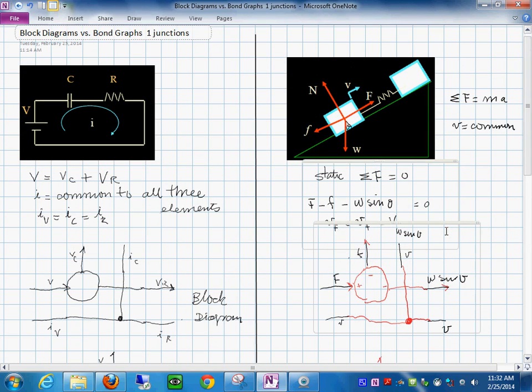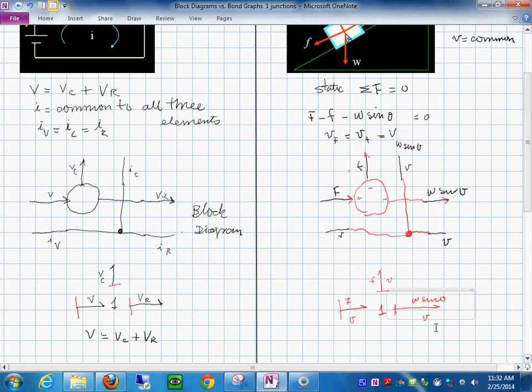Again, summarizing, this is a junction where all the flows are the same, but the efforts will have to sum. There can only be one bond that determines the flow. All the other ones will not. So in this case, if this one determines the flow, the others have to be this way. You have to be out. So that helps us distinguish between a zero connection and a one connection.